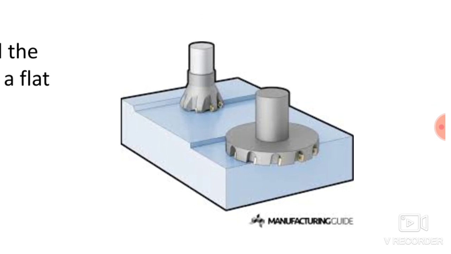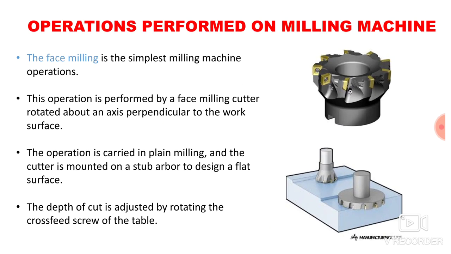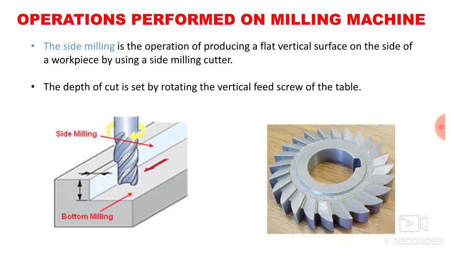That is the basic difference between plane milling and face milling: in plane milling the axis of the cutter is parallel, whereas in face milling the axis of the cutter is perpendicular.